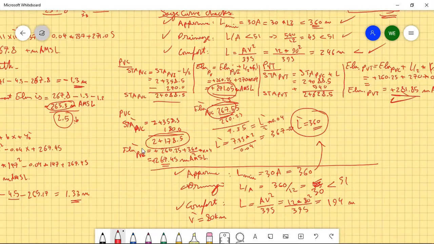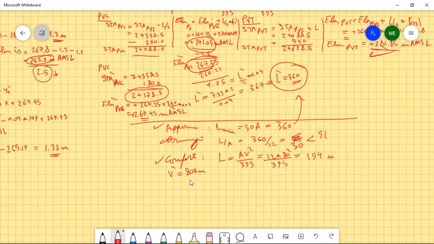We need to check now on the speed and check whether this speed is going to be acceptable, or safe, for this vertical curve. So let's now calculate the stopping sight distance for the new speed.